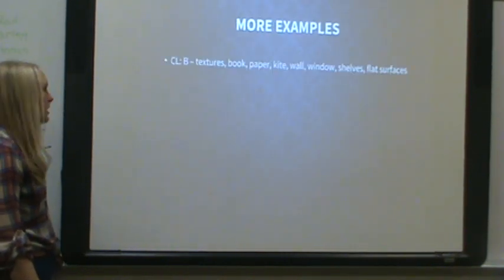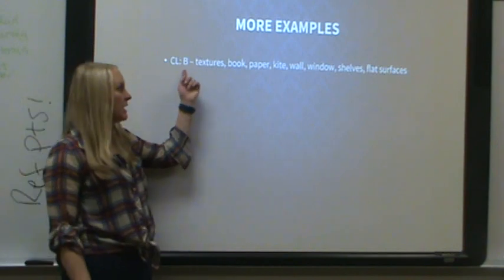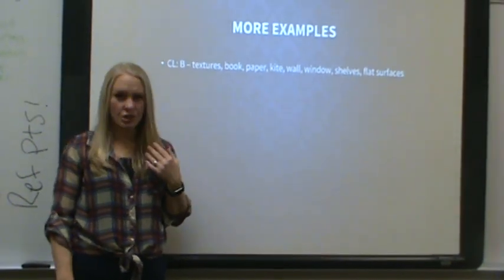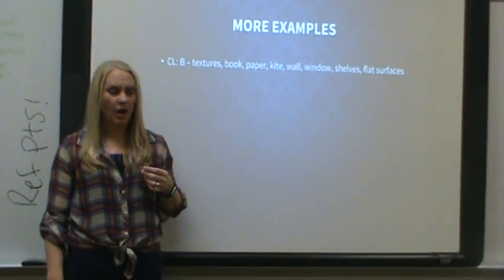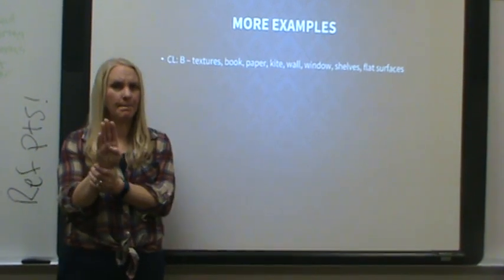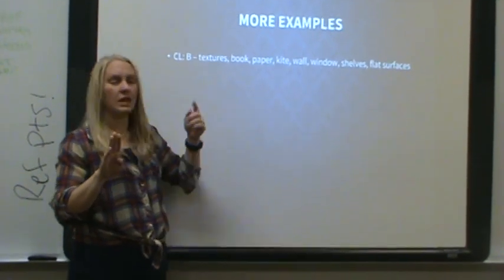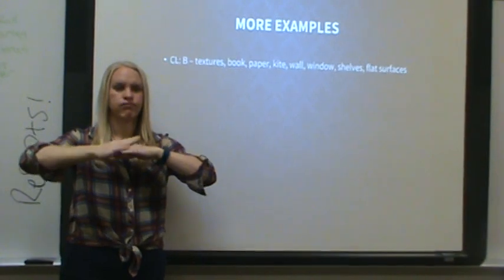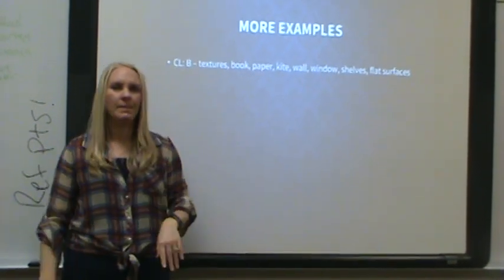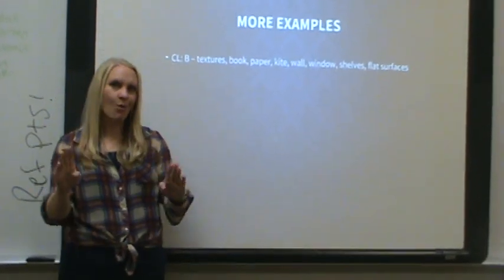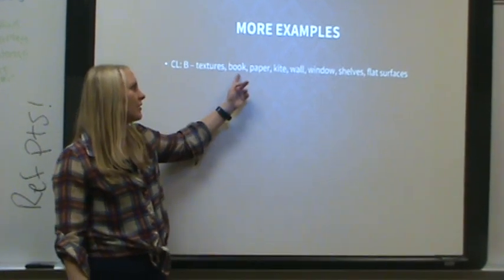There's more. All right, B. B is really good for textures, also for flat objects. So you can show something's bumpy. You show shape. A book.